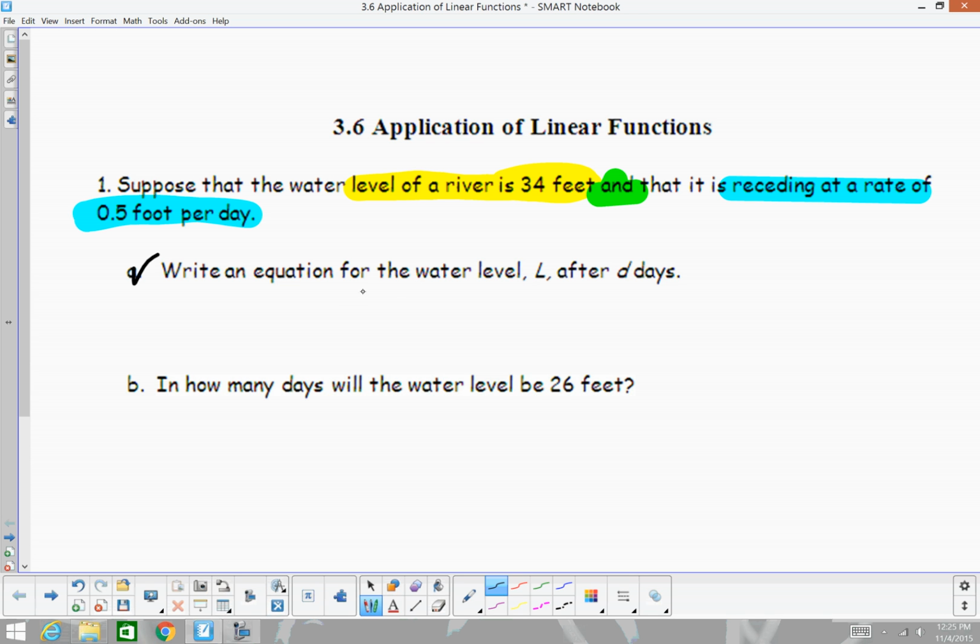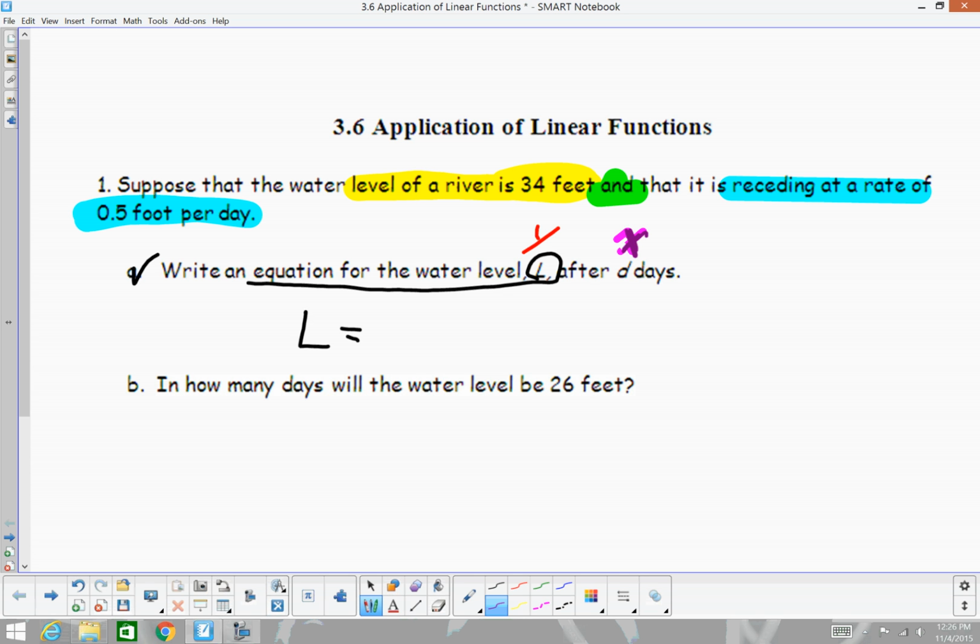So write an equation for the water level. So if it's asking me to write an equation for the water level L, it's asking me for an equation that has L equals. Because what does the level equal after the days change? Okay, so L is the same thing as saying Y. D is the same thing as saying X, but in this case I don't want to use X, I want to use D.